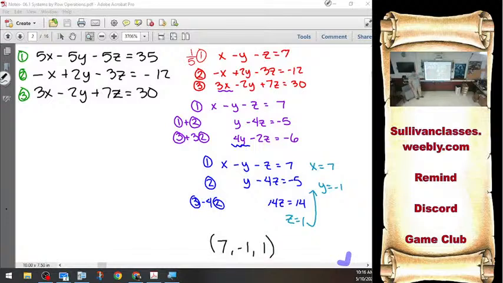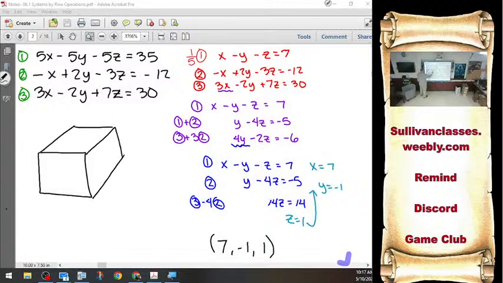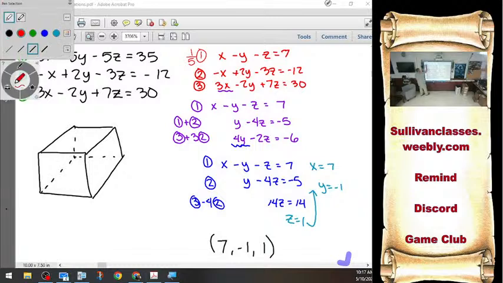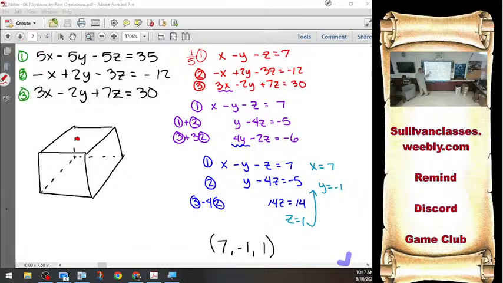Any of you ever played around with three-dimensional graphing? You have a y-axis from top to bottom. You have an x-axis from side to side.